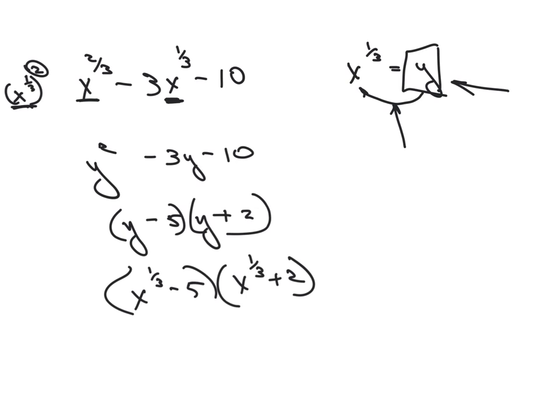Okay? Because really, when you're factoring a trinomial, for the most part, you're just dealing with the numbers. See, we've got the -5 and the 2, which gives us the -10. Added gives us the -3. We didn't do anything with the variable in the exponents. So the variable in the exponents make it really, really confusing because they've got fractions as exponents, and it's like, what the heck do I do with these?